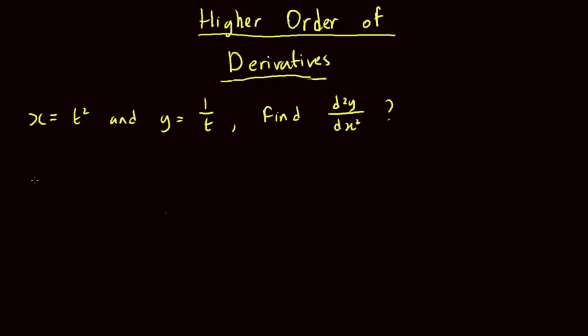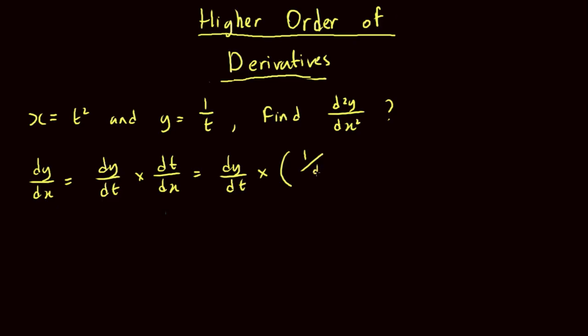Well, quite frankly, we of course find dy/dx, the first order derivative, which is simply dy/dt times dt/dx, and we know that dt/dx is just 1 over dx/dt. So that's the idea itself.